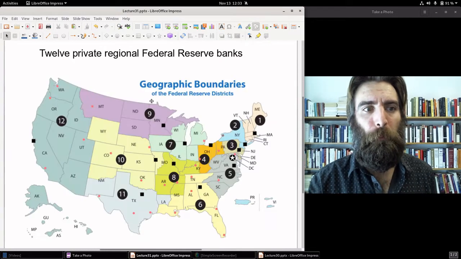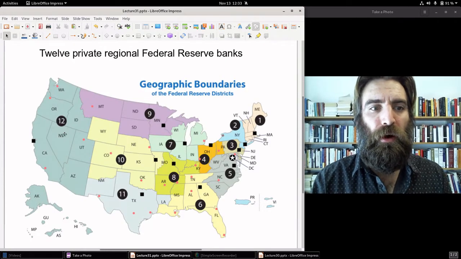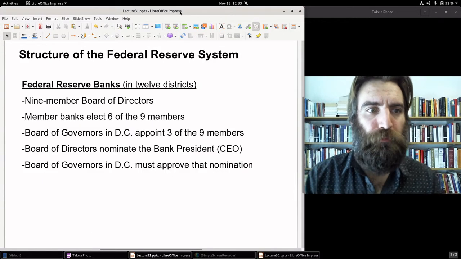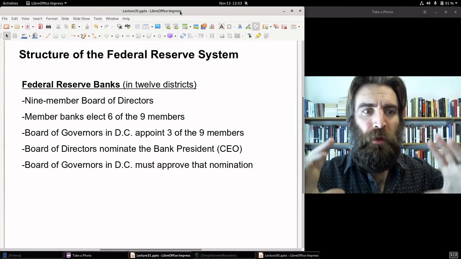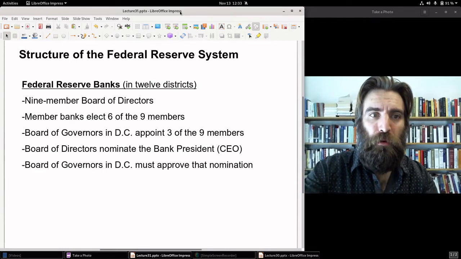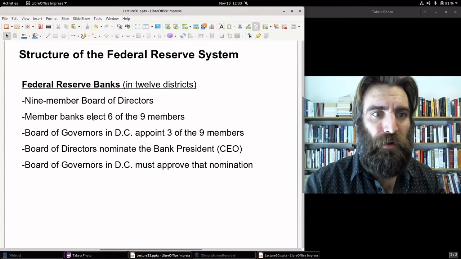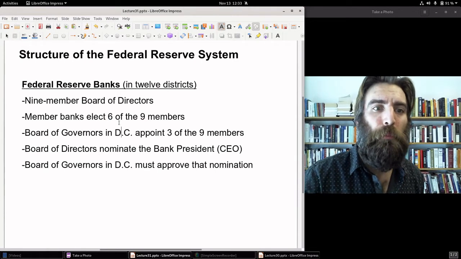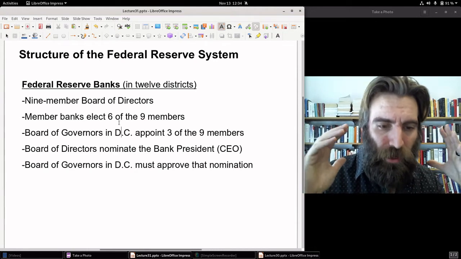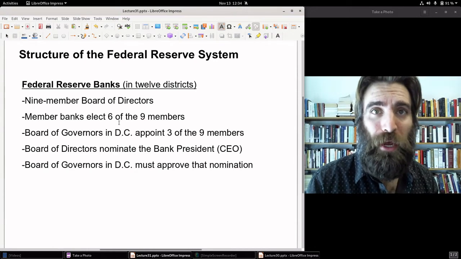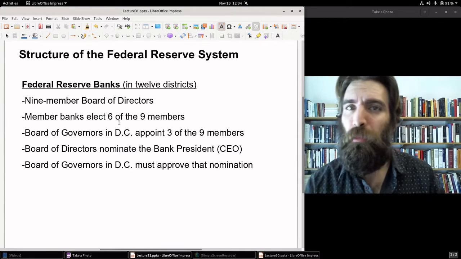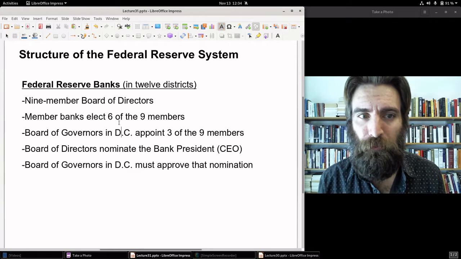So whatever member banks are in that district elect the board of directors. We'll get to that in a moment. Of those 6 that the member banks elect, 3 may represent the interests of those banks. And then the other 3 that the member banks elect are supposed to represent the interests of the public. Okay?